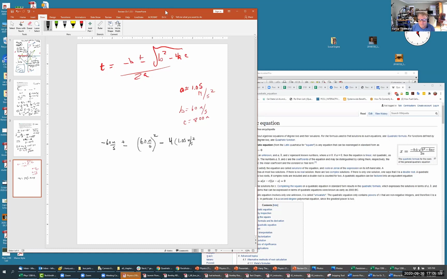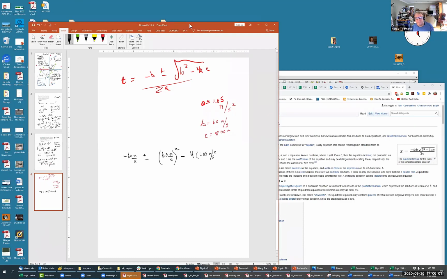Right? a is the 1 times the x squared, right? And times c, which is 800 meters. So you got meters squared per second squared and meters squared per second squared. Well, that's good.